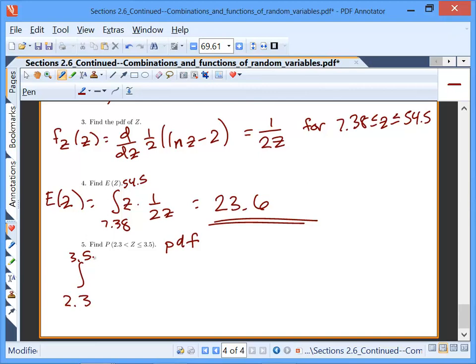Below 7.38, my PDF for these values is 0, because it was outside my bounds. Which is okay. You could be given a problem like this and you can tell them that your answer is 0. Makes it very simple to calculate, right?